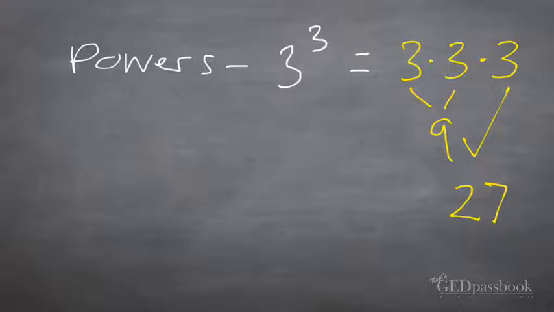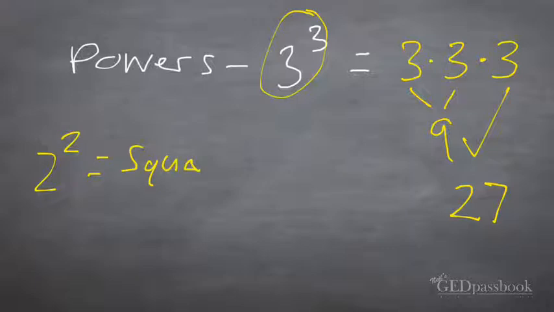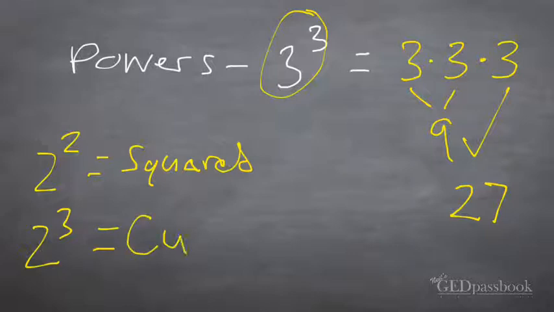Just like the squared, this one has a nickname. Something to the power of 3. What's the nickname? If something to the power of 2 is squared, that same number to the power of 3 is cubed.